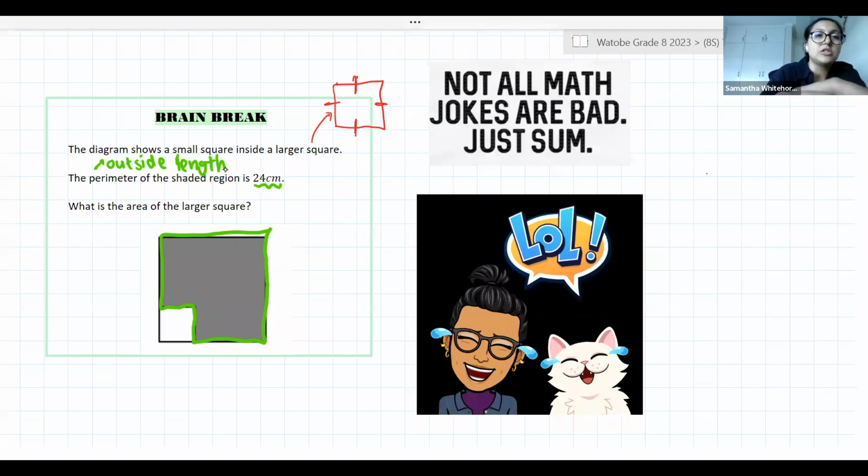And finally, the actual question is asking what is the area of the largest square? So the largest square is this one in orange. If you have a small square inside a larger square and the perimeter that I've highlighted in green of the shaded region is 24 centimeters, what is the area of the largest square?